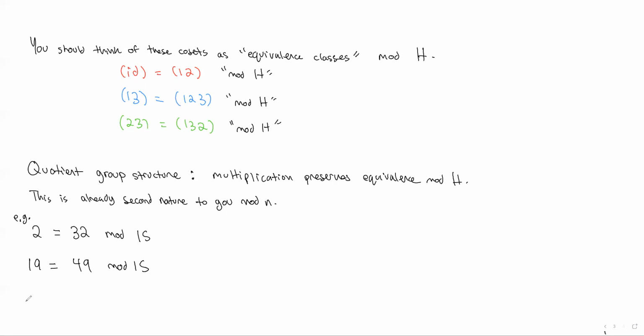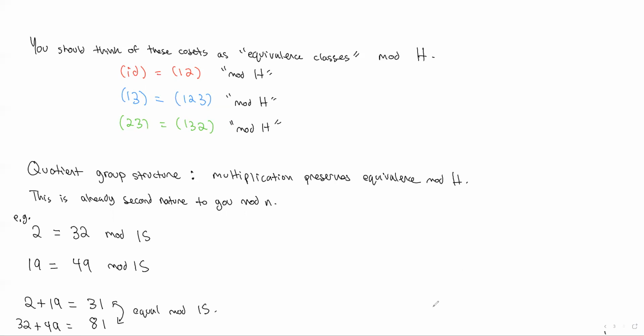And then you could look. So 2 plus 19 is 21. And 32 plus 49 is 81. And these are equal mod 15.